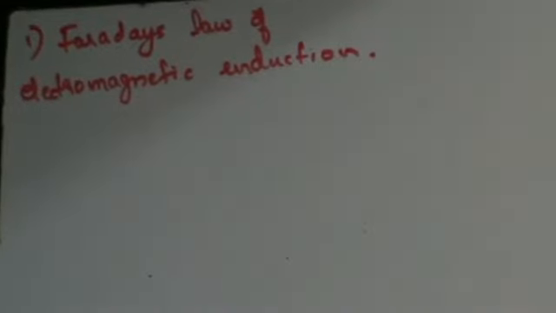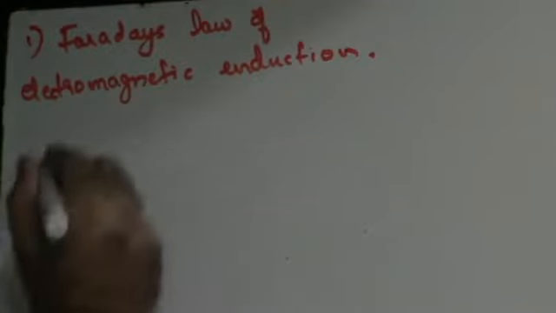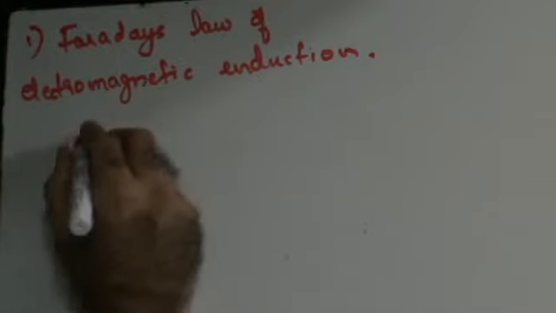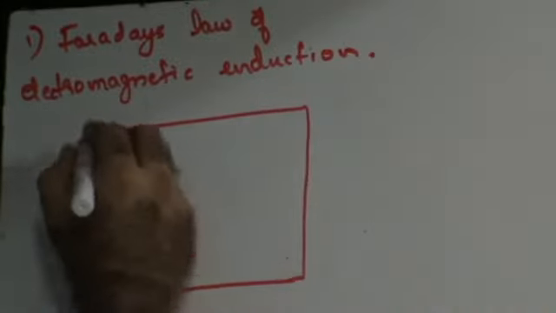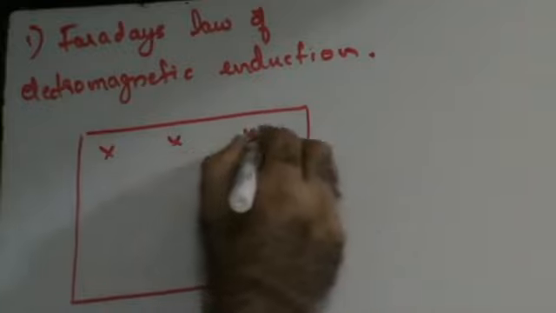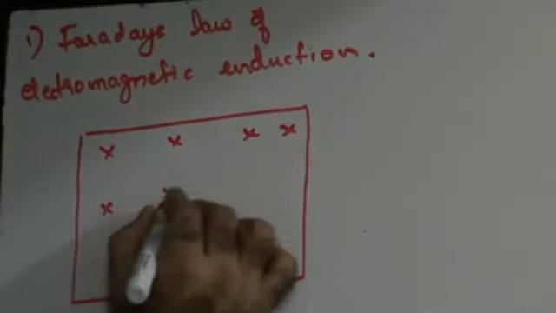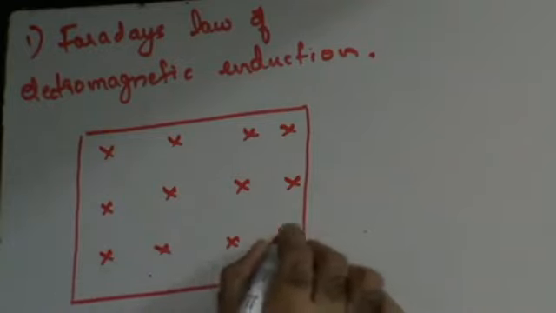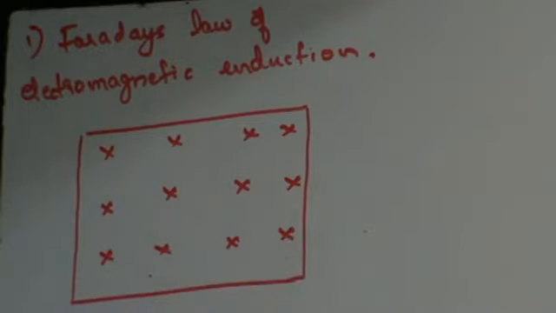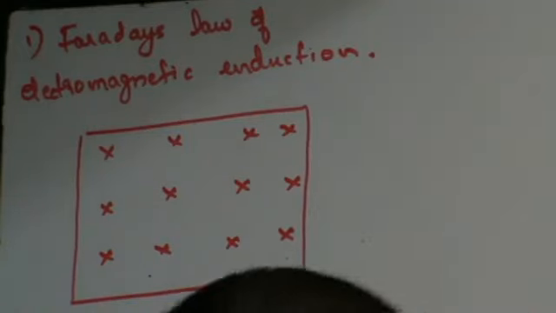Now last lecture we had seen how you move a metallic frame in a magnetic field. Today we will see how to move a conductor in a magnetic field. So let's consider that you have a magnetic field. This is your magnetic field of induction B. Let's assume that I have a conductor placed in this magnetic field.